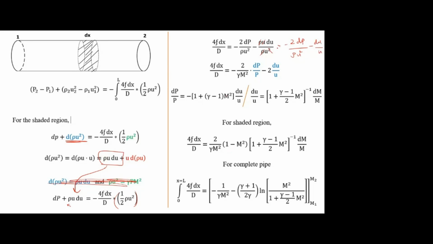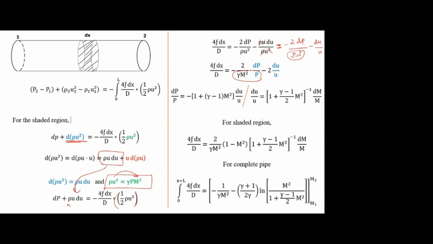Is that clear? Yes, sir. Then they are converting this term further in terms of Mach number. For that they are using what we already studied in the diamond aerofoil: we can convert rho u square as gamma p M square. So instead of rho u square, they are substituting gamma p M square.